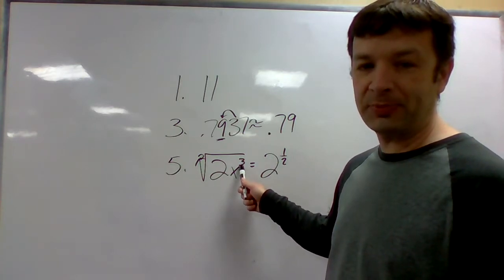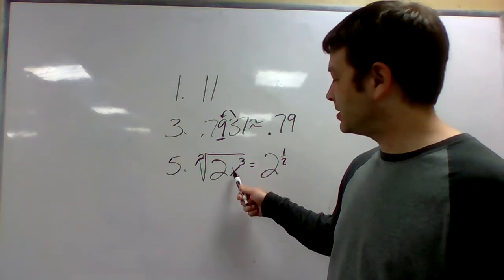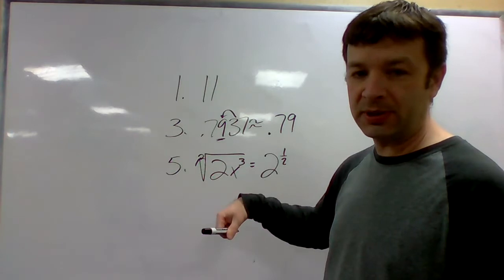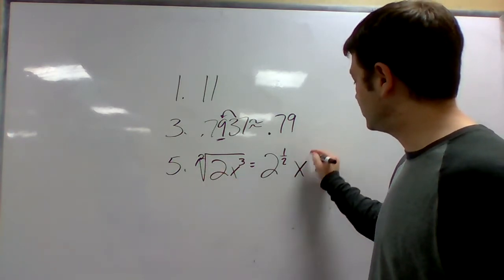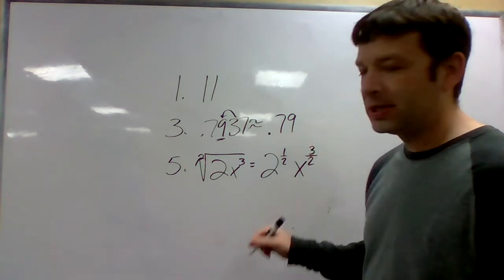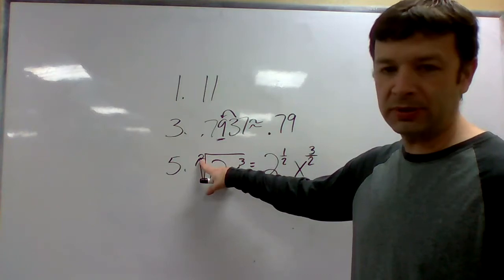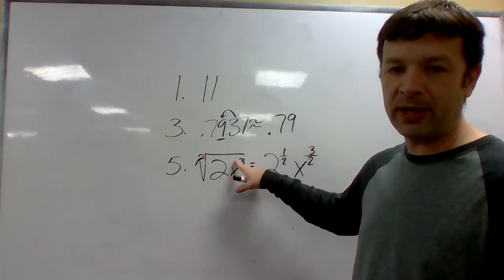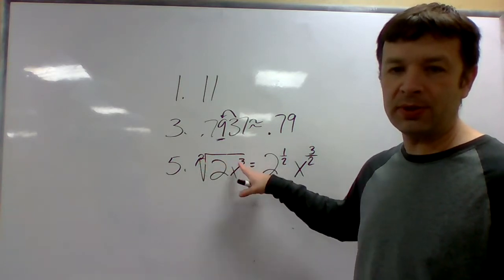Okay, when it has an exponent up here, this might be a little less confusing. For the x, right now it's x to the 3rd, but the square root, the 2 over here, is going to go in the denominator, so it's x to the 3 over 2. So you just put power over root. Power over root. Since 2 did not have a power, that implies it's a 1. So this was 1 over 2, and this is 3 over 2.